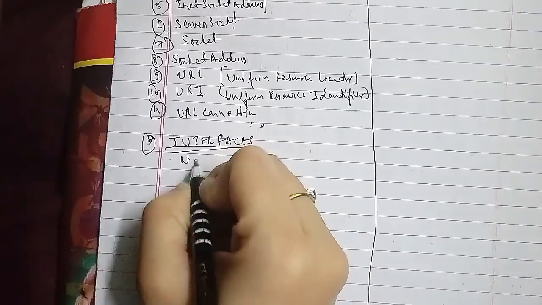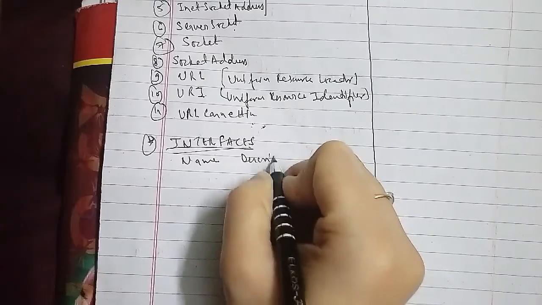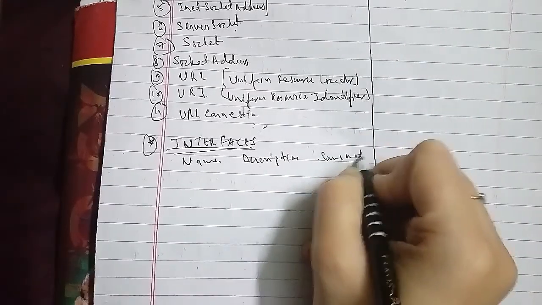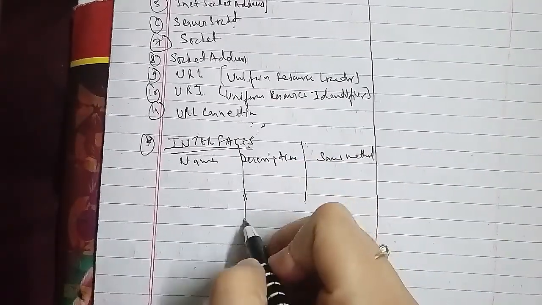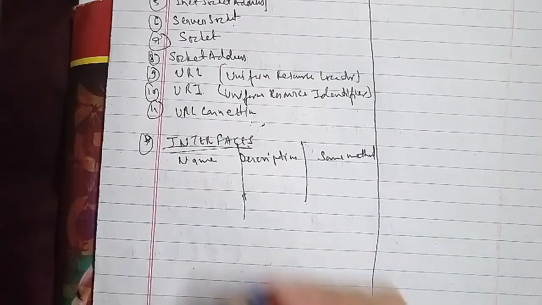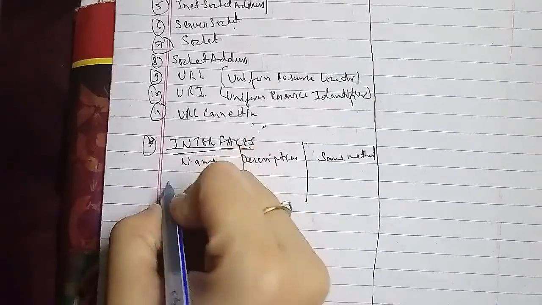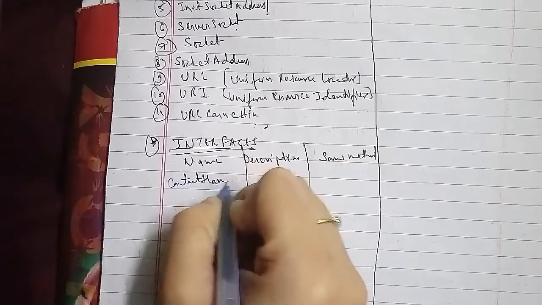For the name we have content handler factory. The description is that the interface is for defining the factory for the content handler, that we can write down for the reference to the content handler factory, and some method that is create content handler string mime, and that creates the content handler.